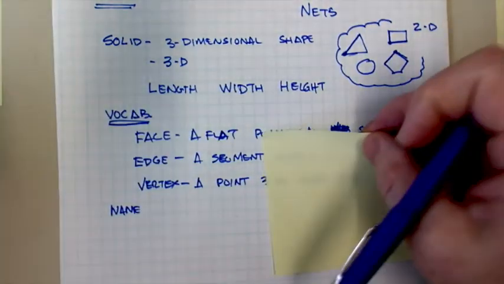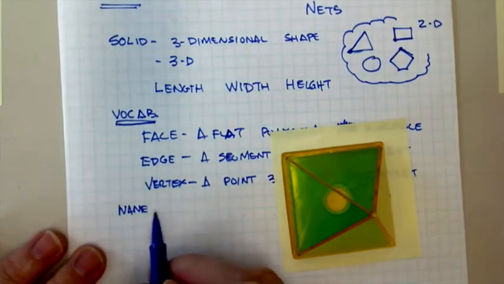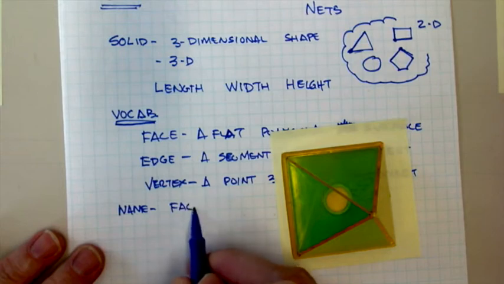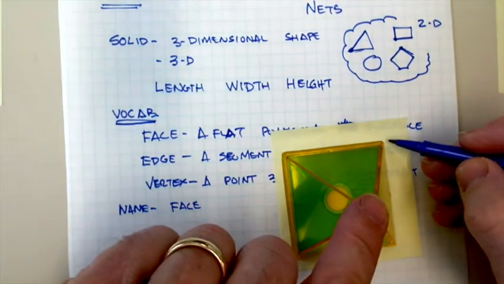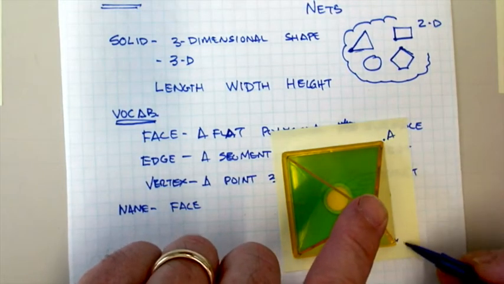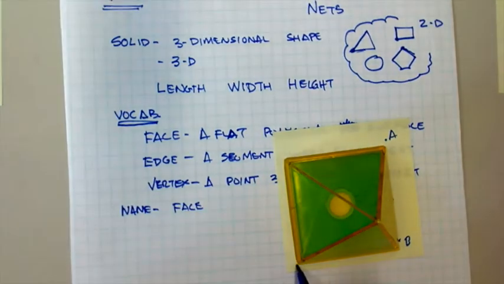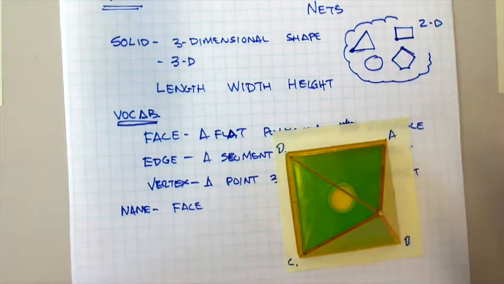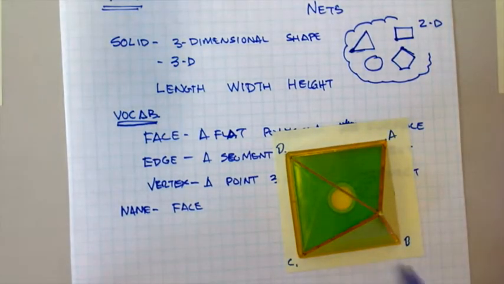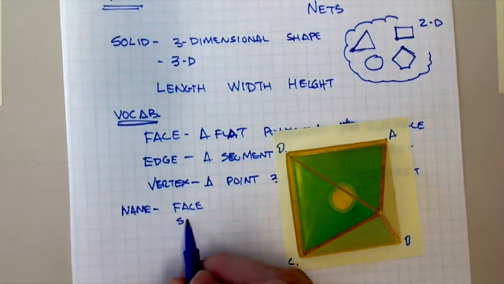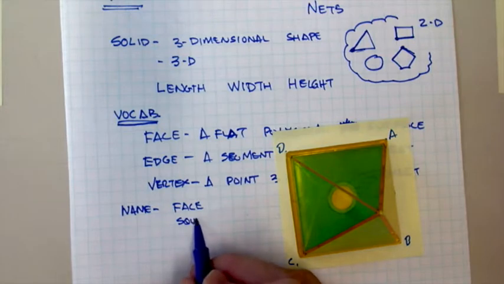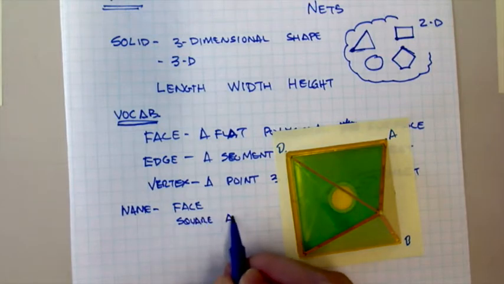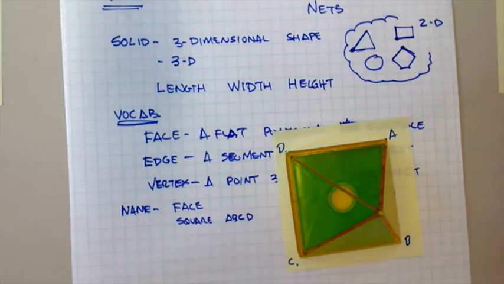In this case, the face of this, let's say this is point A, this is point B, here is C, and then we have D here. Those would be the points that would make this square base. So I would name that face square ABCD.